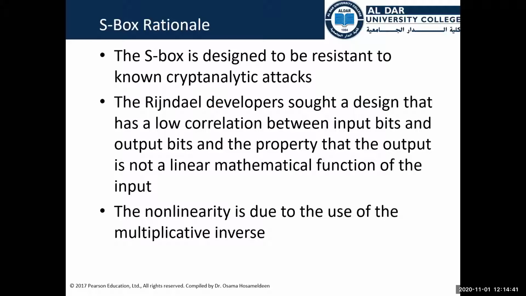But if it is not linear, if it is in a multi-dimensional space, it gives us a very complicated function that is not easily reversible for the attackers, unless they know the internal structure of the algorithm. Without knowing the internal structure, they will not be able to get the plain text from the encrypted text.